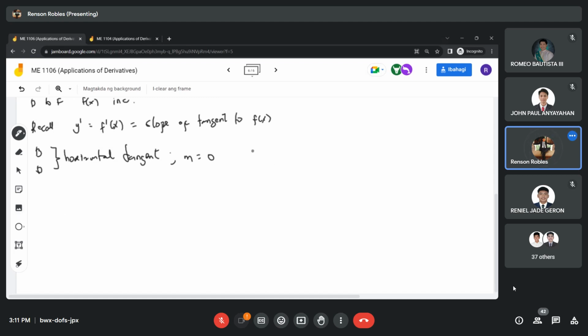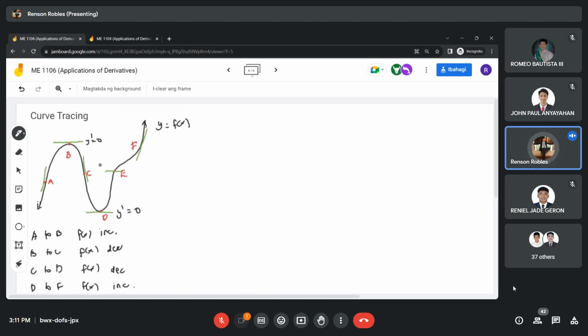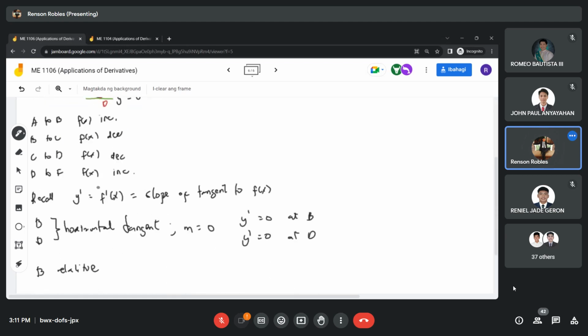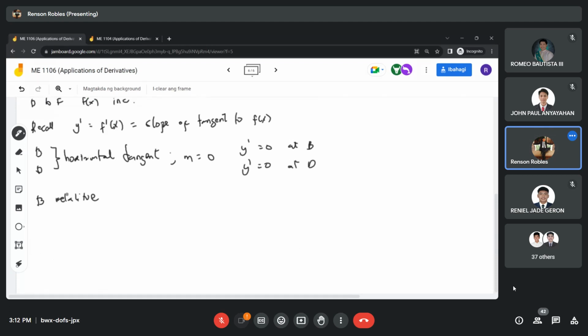So y prime is zero at B, and y prime is also zero at D. Now, with this, you call point B a relative maximum, and point D a relative minimum.